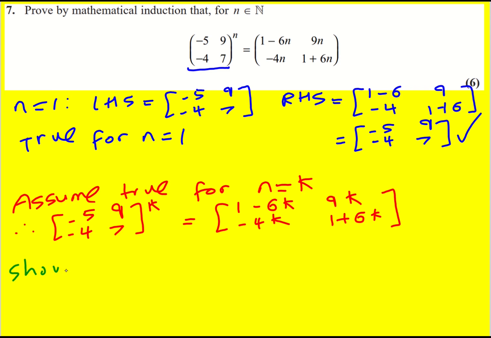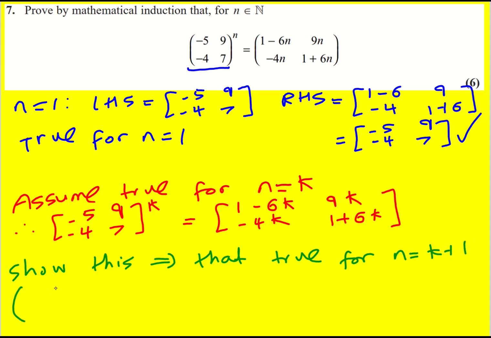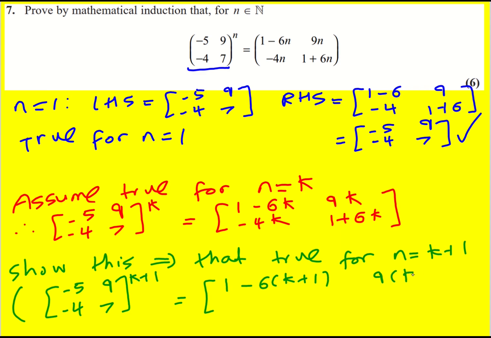And show this implies that true for n equals k plus 1. Just going to put this bit in brackets. So what we want to get to is that this is equal to 1 minus 6(k plus 1), 9(k plus 1), minus 4(k plus 1), 1 plus 6(k plus 1).